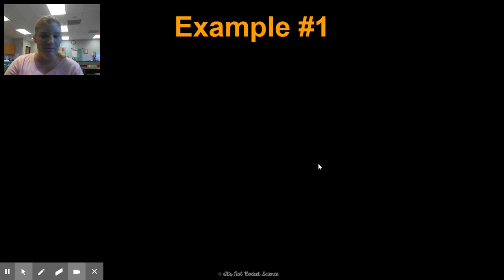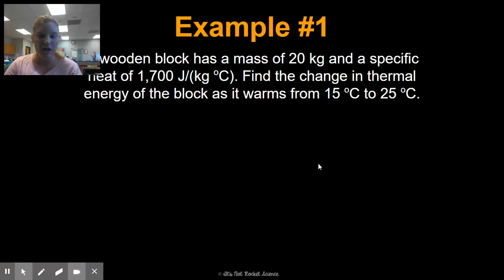So let's go through some examples real fast. We have a wooden block, and it has a mass of 20 kilograms and a specific heat of 1,700 joules per kilogram degree Celsius. Find the change in thermal energy of the block as it goes from 15 degrees Celsius to 25 degrees Celsius. So the first thing I'm going to do is write out all the variables and what they have given me.